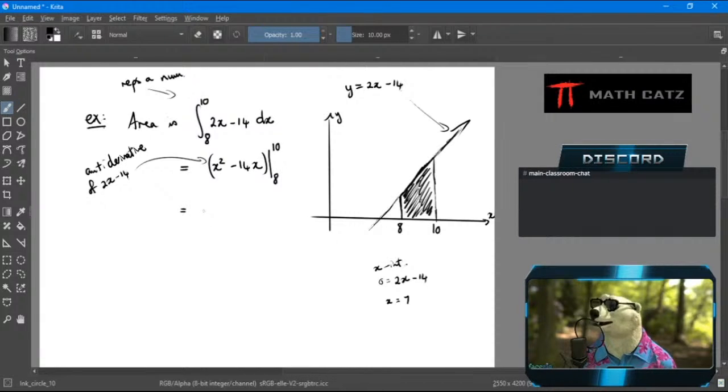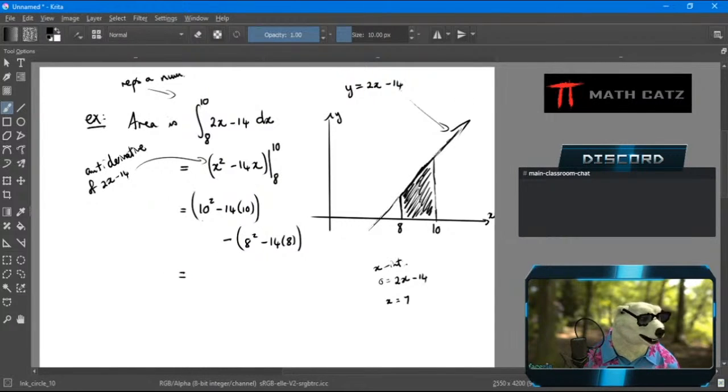So then I plug in the 10 to get 10 squared minus 14 times 10, minus, plug in the bottom number, 8 squared minus 14 times 8. Always plug in the top minus plug in the bottom. So let's ask our MathBot what we get, but you should do that with me just to be sure.